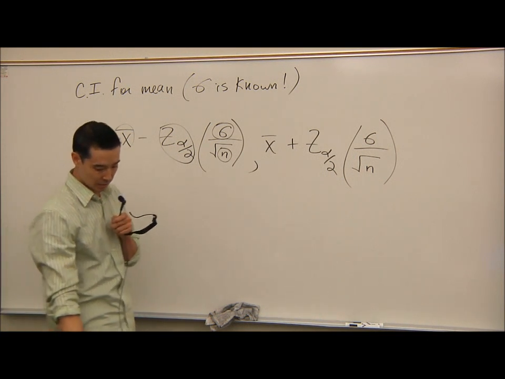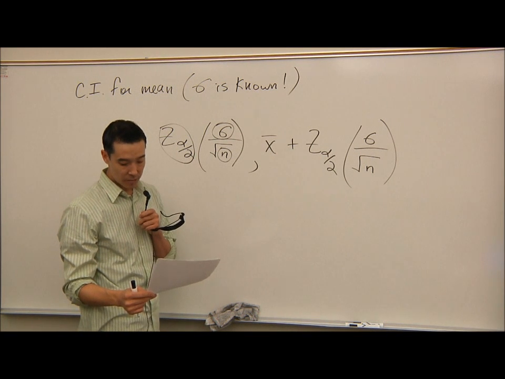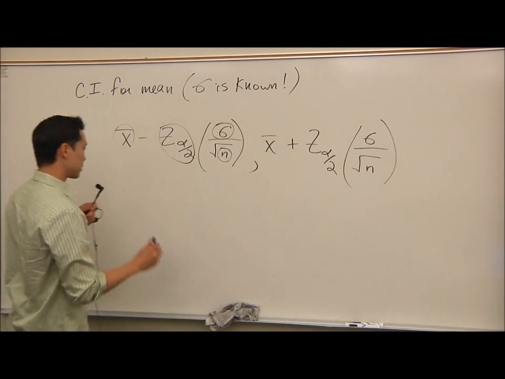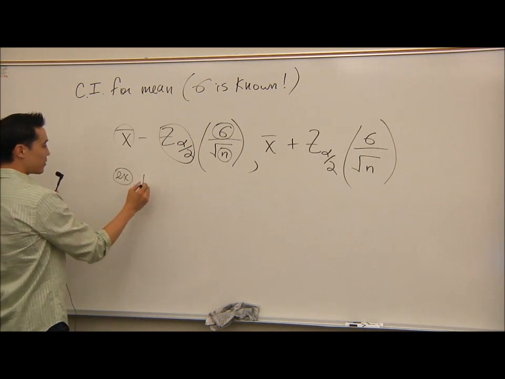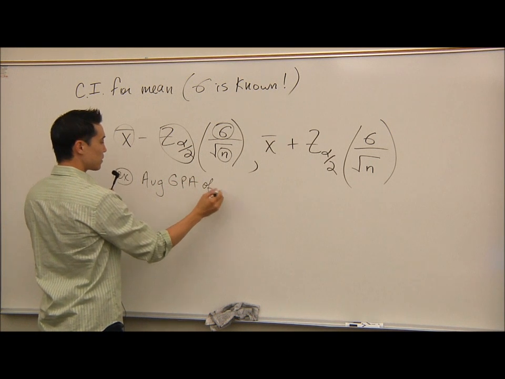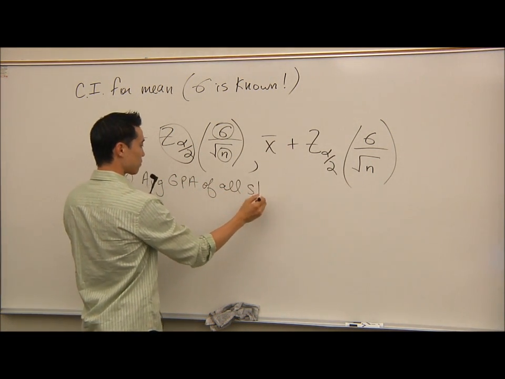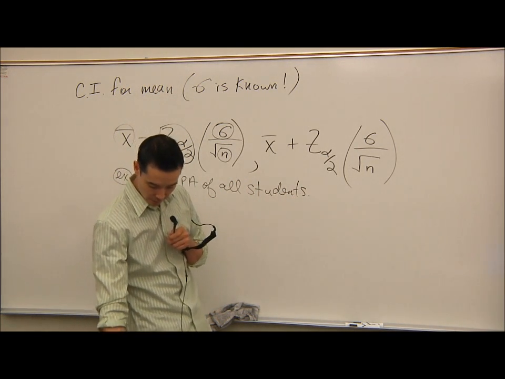All right, let's do an example. A study wishes to estimate the average GPA of all students on a campus. So here we are studying the average GPA of all students on campus. That's what we're studying. Great. What are we given?